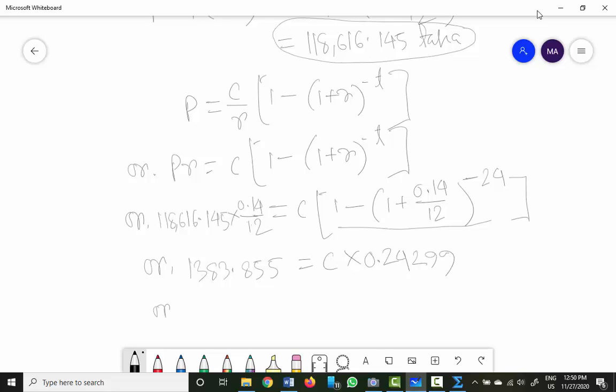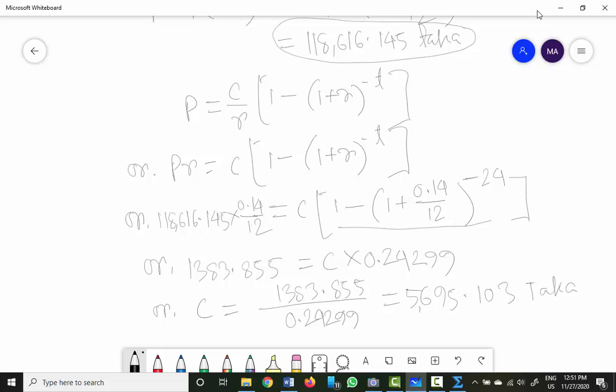So C will be 1383.855 divided by 0.24299, right? So the answer is equal to 5,695.103 taka. So this is the monthly installment amount.